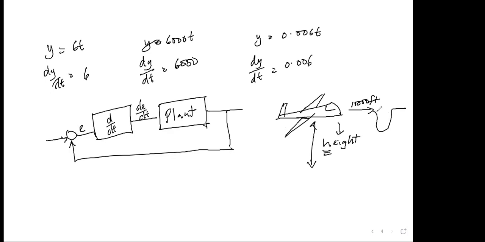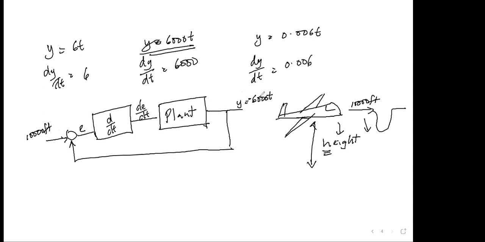Now, this dramatic drop, let us say the rate at which it is falling is 6,000 t. So y dot is equal to 6,000 t, the rate at which it is falling. Well, let us put the minus in there because it's decreasing. And it's supposed to be at 10,000 feet.